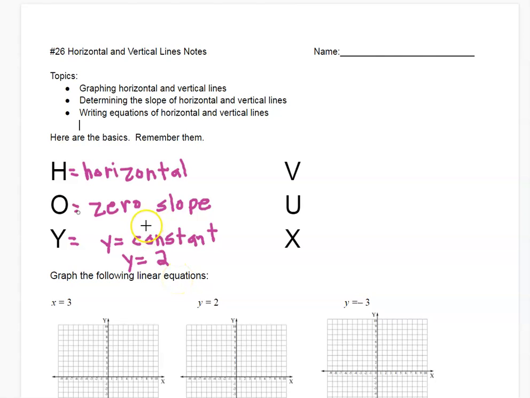Well, that has a cousin. The cousin to hoi is vox. Vox. Okay, you can hear our dogs in the background. They're going vox. Not really, but they kind of sound like that. Anyway, the H in hoi, we got a V in vox, and the V is here, vertical. Okay, vertical. The U is going to be the slope of a vertical line, and that's going to be undefined.